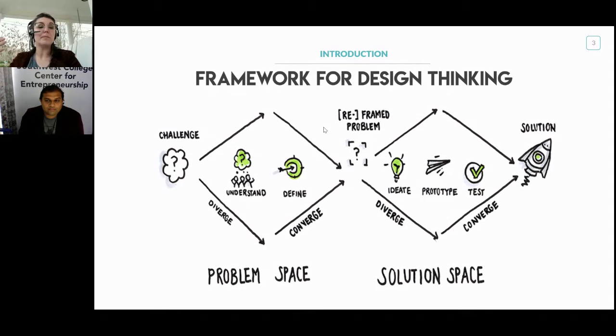Maybe it's a symptom of the problem. And maybe if we dig down, there's a different root cause. And if we solve that, we would better solve the problem. Okay. And so it's always good before we start going into the solutioning to really stop and consider what that challenge is, and do we need to reframe it and think about it in a different way before coming up with ideas?